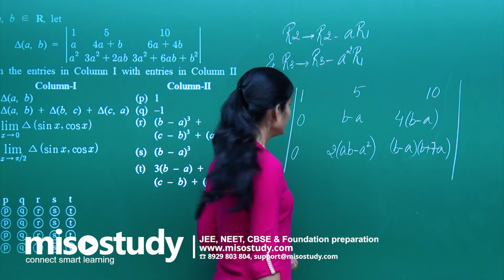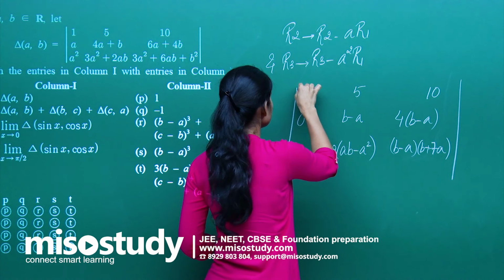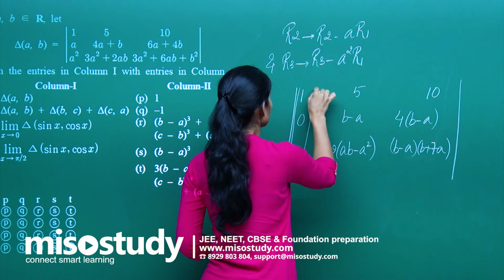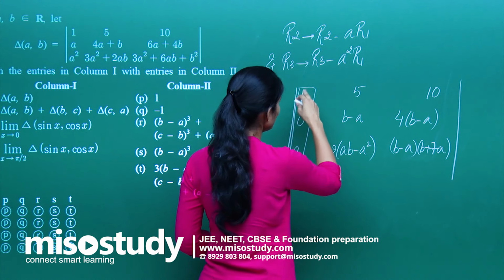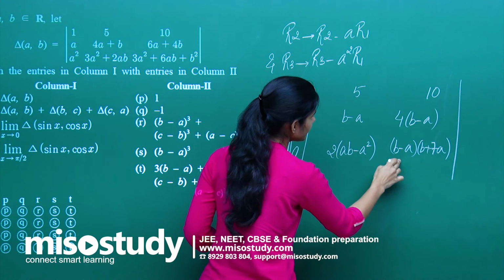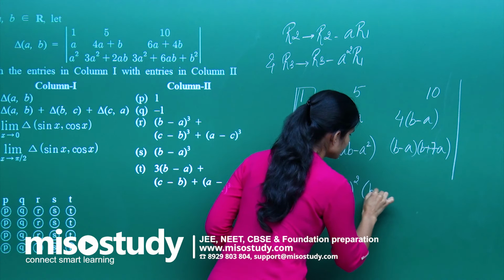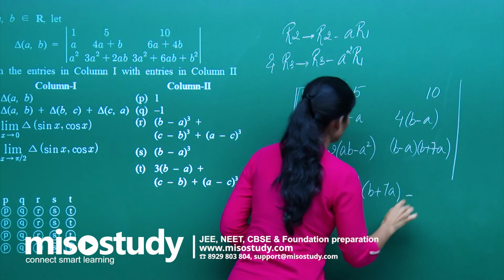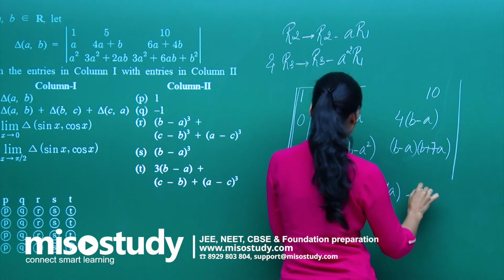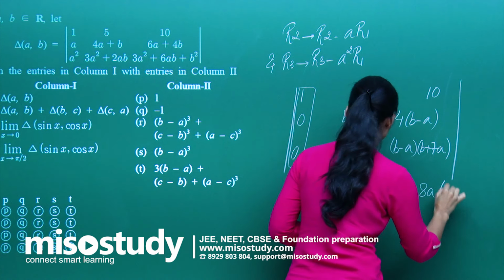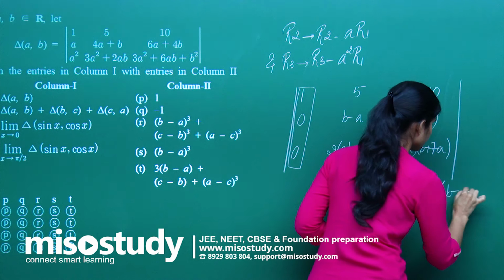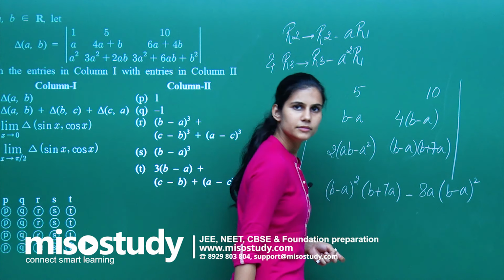Now you will obviously be wanting to expand this along the first column. So when you do that, what you get is b minus a into b minus a whole square, b plus 7a minus 8a times b minus a whole square. That is the value.